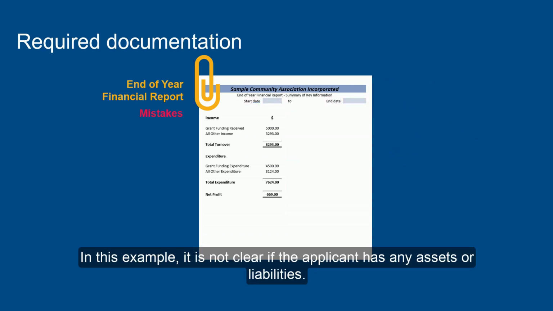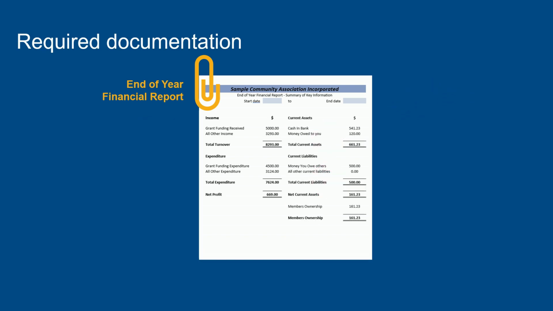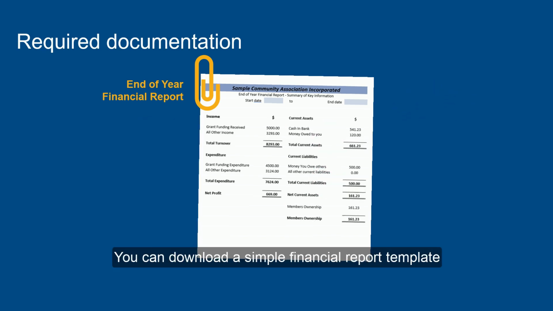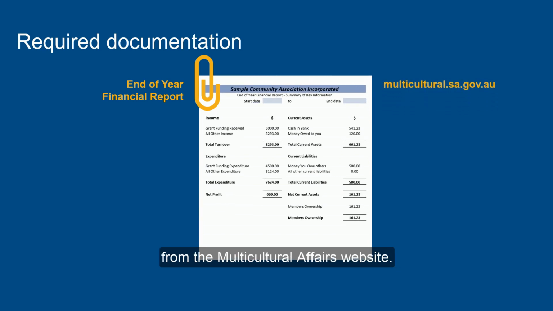In this example, it is not clear if the applicant has any assets or liabilities. Therefore, the report is incomplete. You can download a simple financial report template from the Multicultural Affairs website.